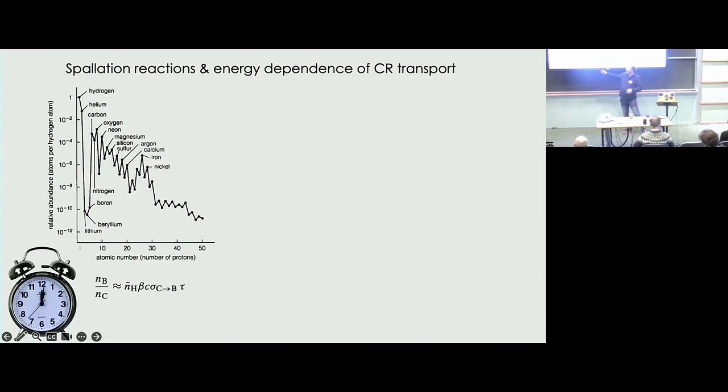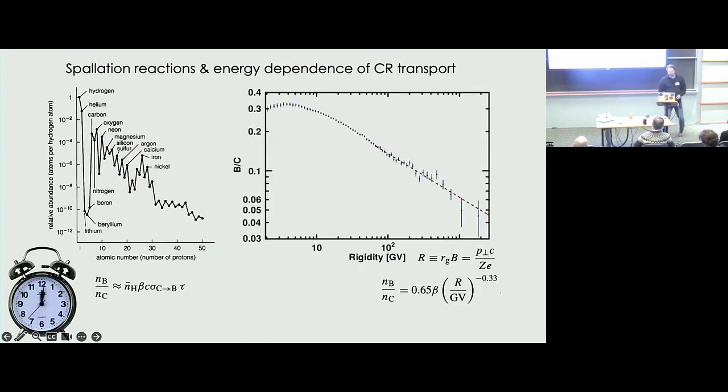So the longer you wait, the more boron you get. And this ratio turns out to be also dependent on the energy of particles. So you can combine these 2 things to get the confinement time of cosmic rays, and therefore you can figure out what this diffusion coefficient is observationally, and this is how it scales with energy.